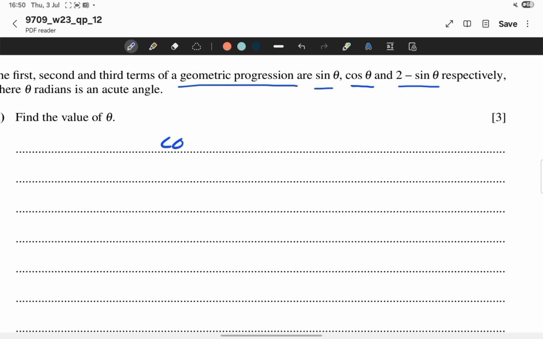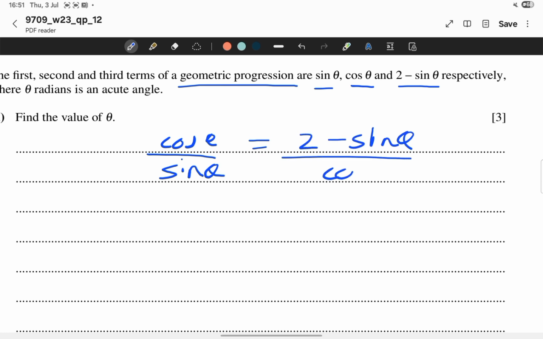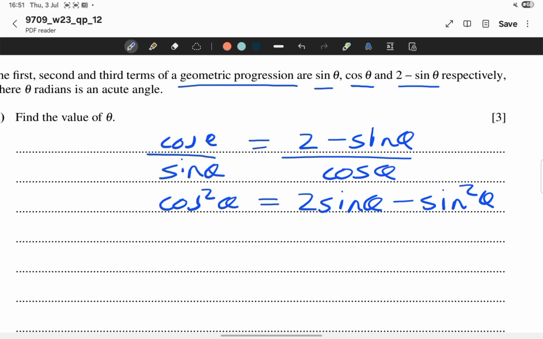So cos theta over sine theta should be equal to 2 minus sine theta over cos theta. And cross multiplying, we get cos squared theta equals 2 sine theta minus sine squared theta. Right?